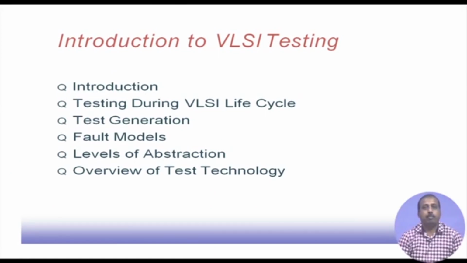Then in the VLSI chip that we have, there can be many types of defects. For example, when a signal line was being drawn, it may be broken at some point, it may be shorted with some other line, or the silicon itself may have had some impurity.